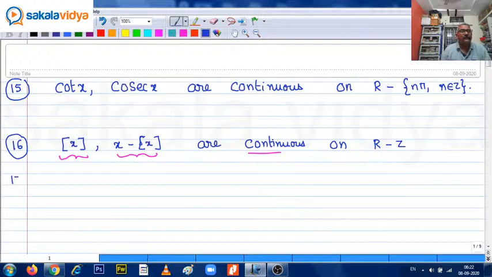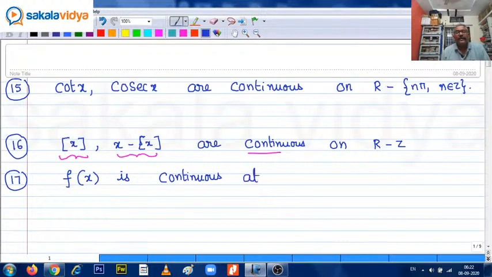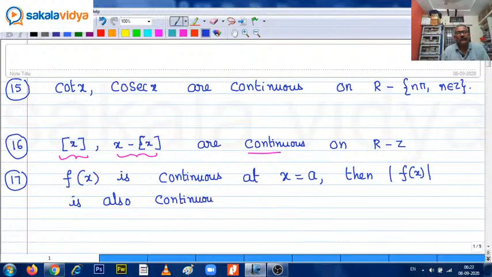Next point. This is also an important point. If f of x is continuous at x equal to a, then mod f of x is also continuous at x equal to a.